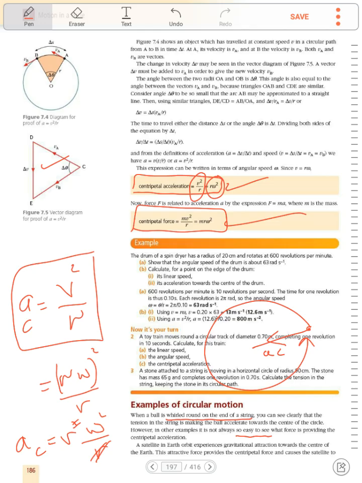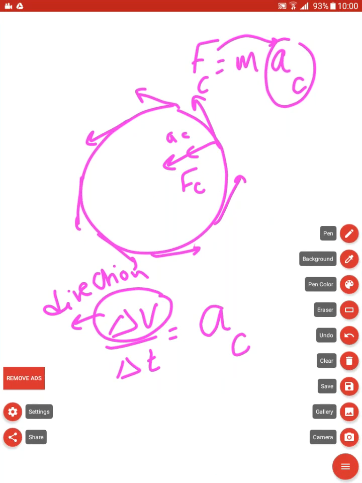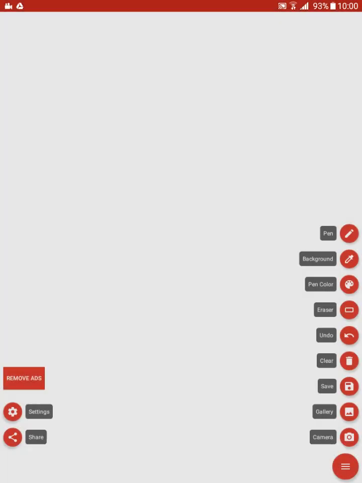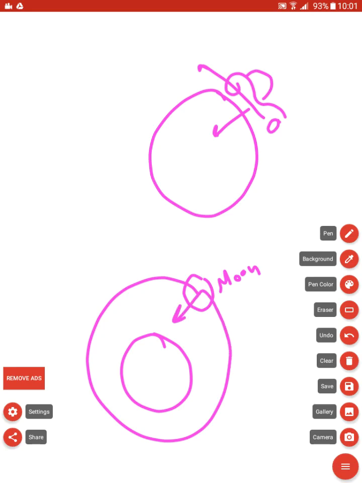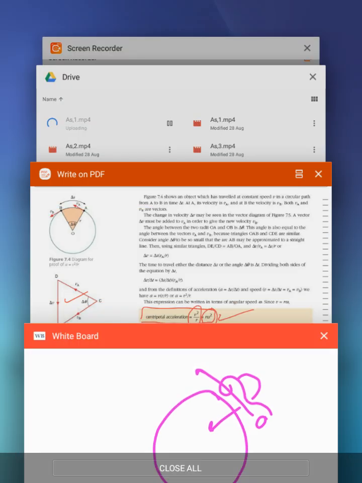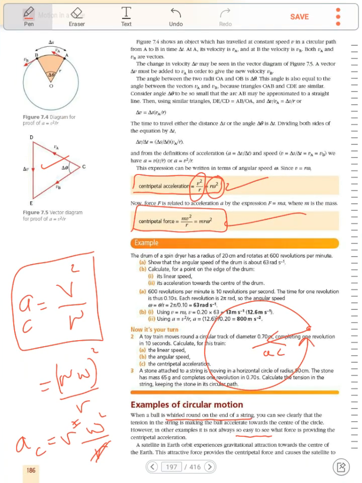The centripetal force can be provided by the frictional force between the tires of the car and the ground. Or, like the moon around the earth, we have a gravitational force. So what provides the force is not the same all the time.